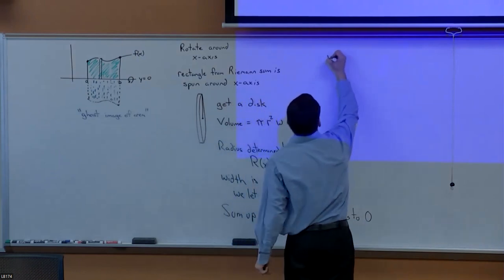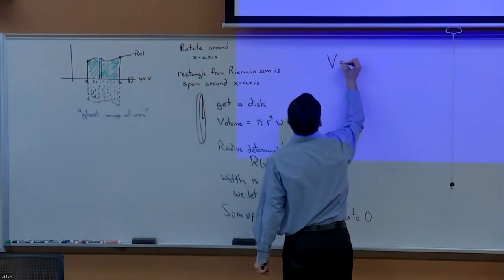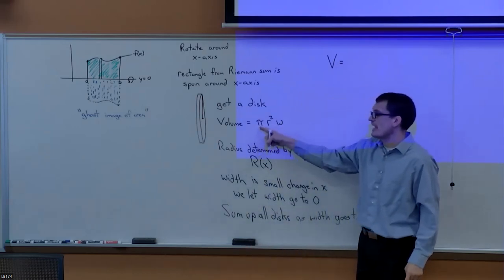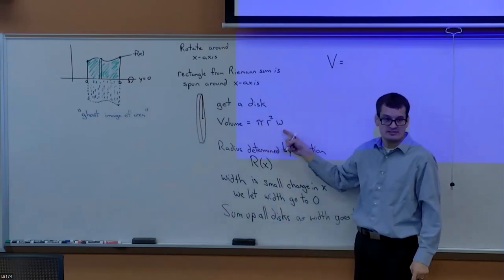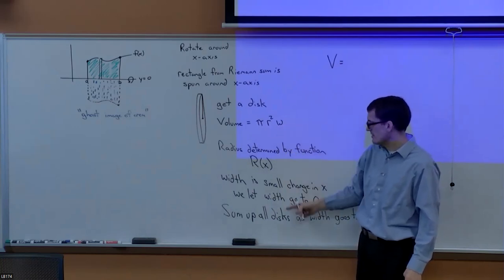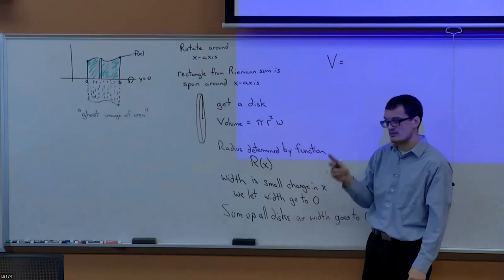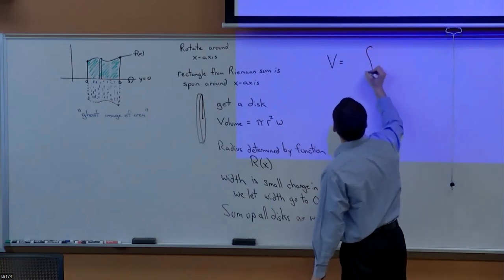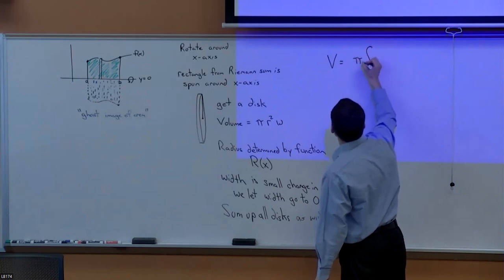That means the volume is going to be a summation of this when I apply the limit as all the disk widths go to 0. I'm still going to have a pi.